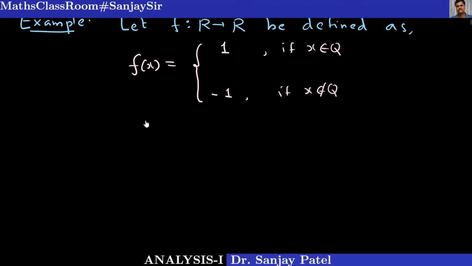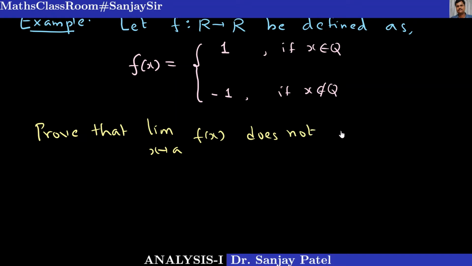First let me prove this separately: prove that limit x tends to a, f of x does not exist, and this is for every a belongs to R. Whatever real number is given, the limit of this function does not exist at any point a.